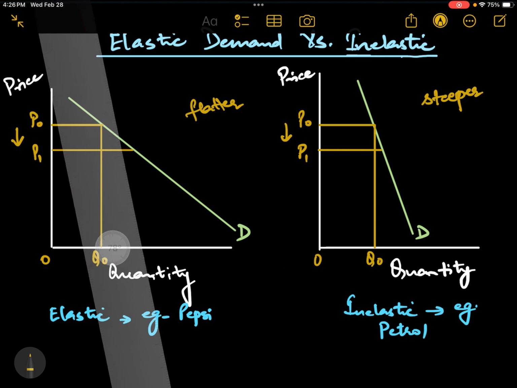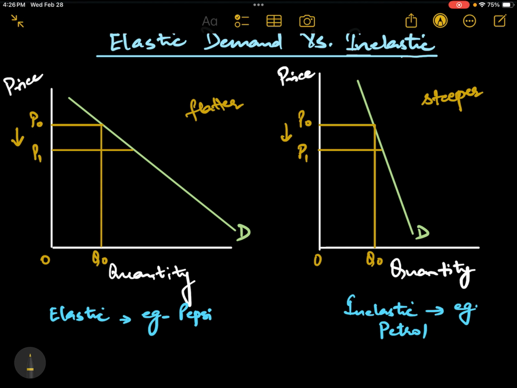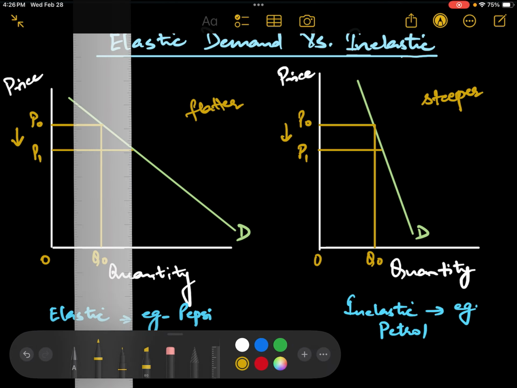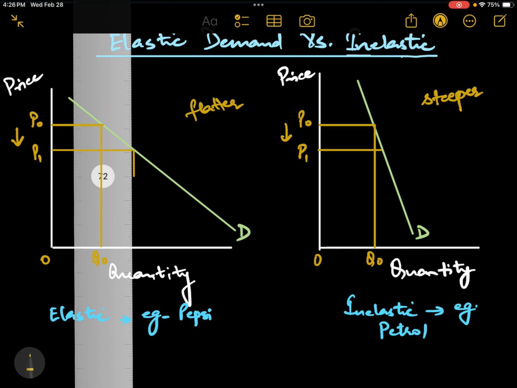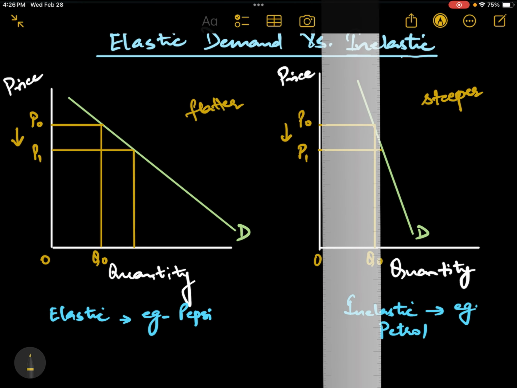But look at the effect on quantity demanded. Here the change is much more pronounced in the first graph than in the second graph. In the second graph, the change in quantity demanded is very little.